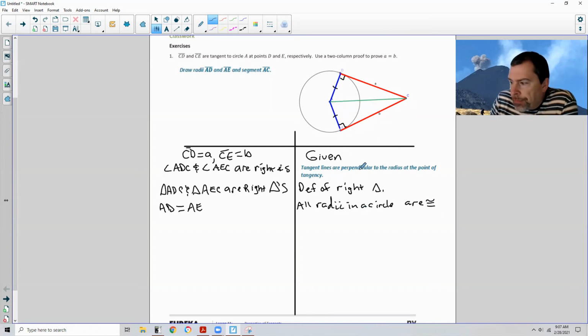Okay. I am now going to say my favorite reason. AC is equal to itself. So this green line is in both triangles. It's equal to itself. That is the reflexive property.